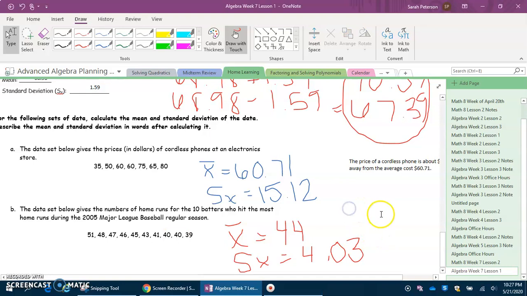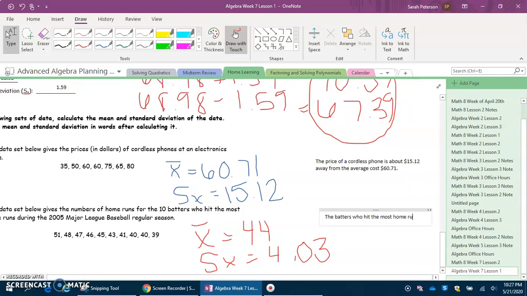So that means the number of home runs for the batters who hit the most is about 4.03 home runs away from the average of 44 home runs.